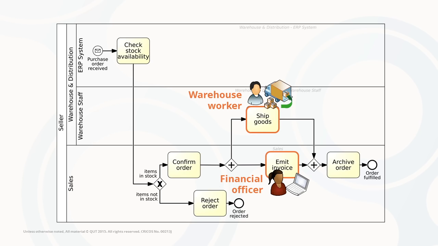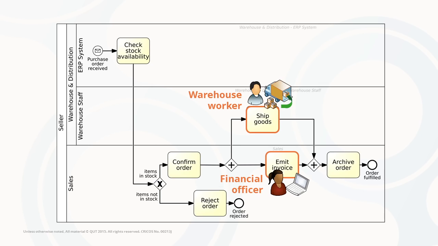Now, in the case of ship goods, for this activity, the warehouse worker will have to manually retrieve the package, the box, the products from the shelves and put them into a truck, and then create a shipment notice. So in this case, the activity is actually a manual activity, but there are different ways in which we can hook up these manual activities to the BPMS, to the BPM system, meaning finding mechanisms that allow us to notify the BPM system that a task has been completed.